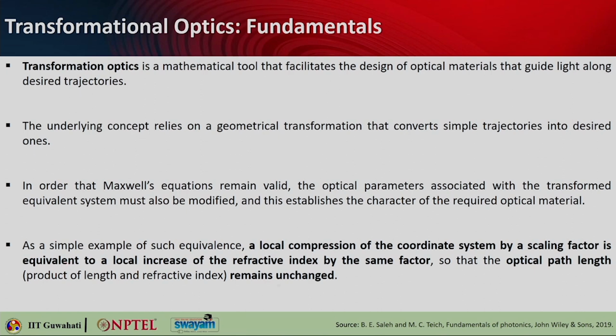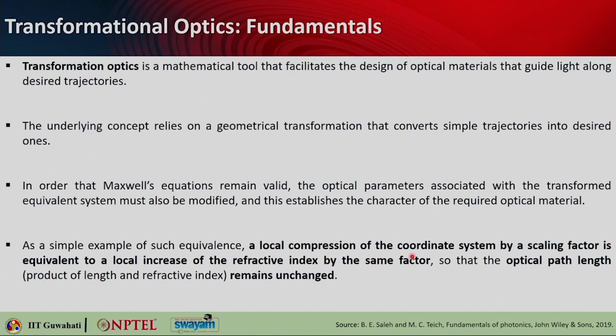In one case the physical length is coming down, and the refractive index remains the same. In the other case the physical length remains the same, but the refractive index is scaling up, so their product remains the same. So that is the optical path length.